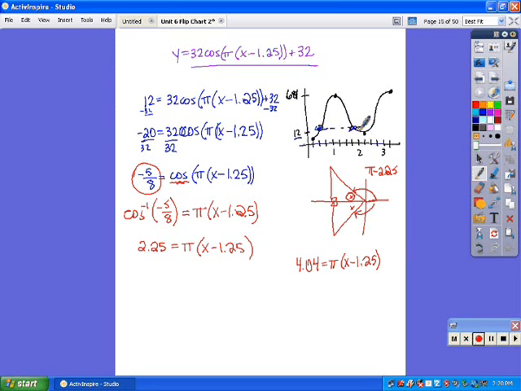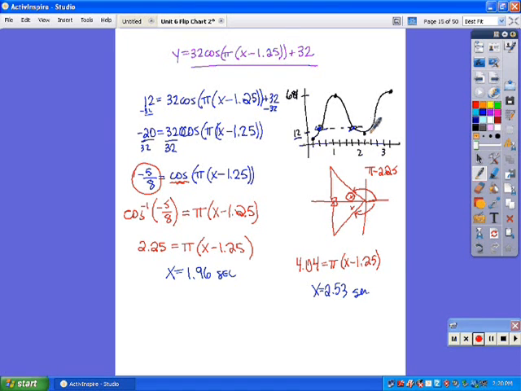Next step, divide by pi, so 2.25 divided by pi, and then add 1.25 to it. So I get x equals 1.96, and again, that's seconds. Over here I have 4.04 divided by pi, and then I add 1.25 to it, and I get x equal to 2.53 seconds.